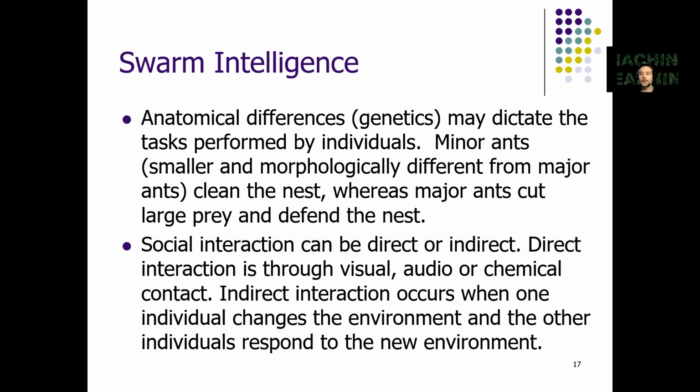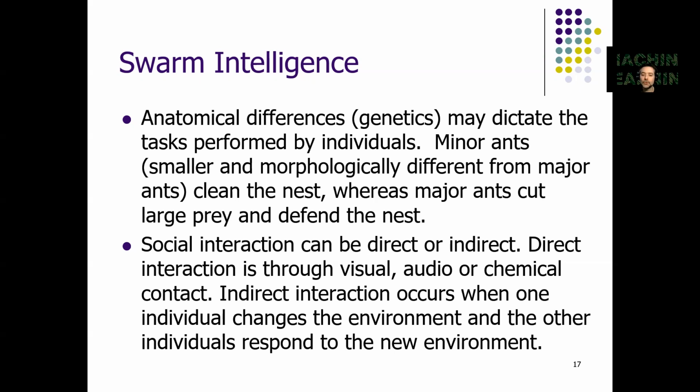So you may have small ants that are workers, they clean the nest, they have a specific role to play. There are other ants which are much bigger. They search for food, they defend the nest.